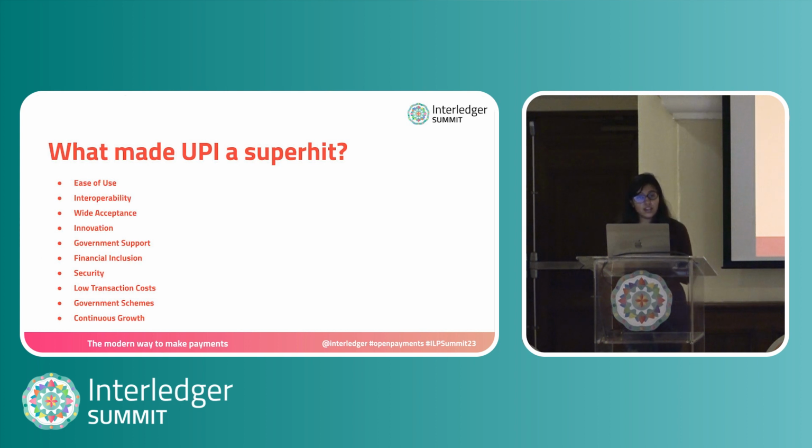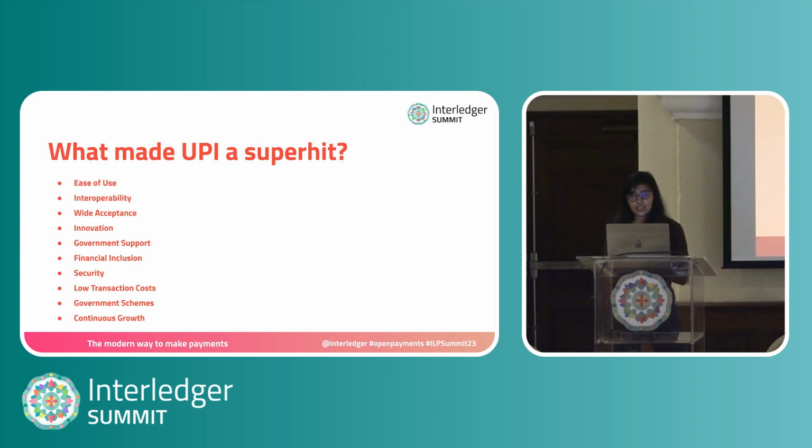Security: apart from the normal security that bank transactions have, UPI transactions also have another added layer of two-factor authentication, which makes them even more secure than traditional transactions. And then low transaction costs as well. The government, in the beginning, decided to bear the costs of transactions themselves to motivate people to adopt this as a mode of payment.